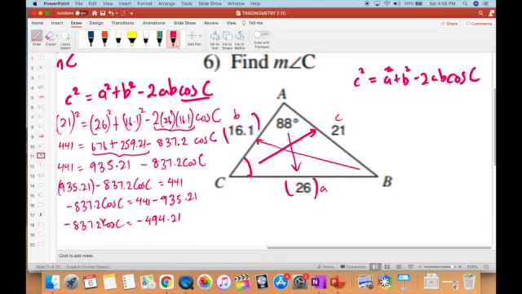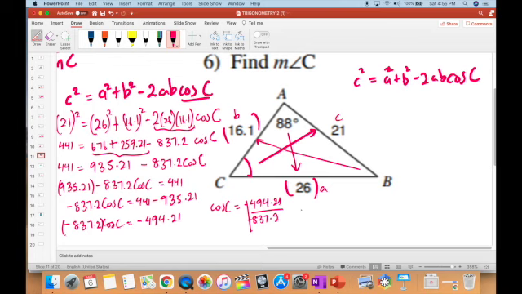Now I take this and fling it across, so I'll end up with the cos of C is equal to negative 494.21 divided by negative 837.2. Of course, the negatives will cancel, and that is probably where you got the error.